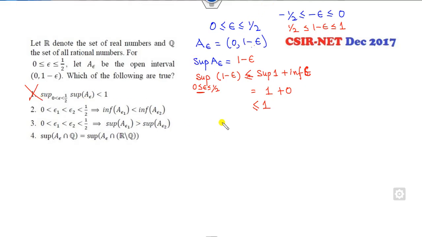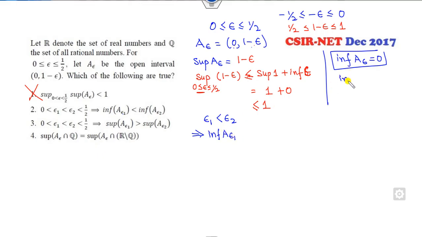Second option is whenever epsilon 1 is less than epsilon 2. Okay, from here, what is the infimum of A epsilon? Infimum is 0. So what is the infimum of A epsilon 1? 0. Infimum of A epsilon 2 is also 0.